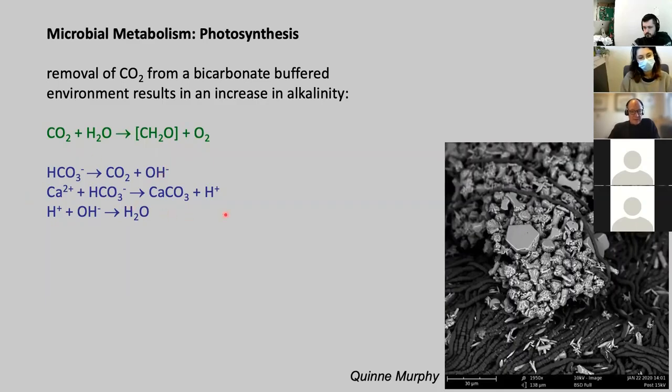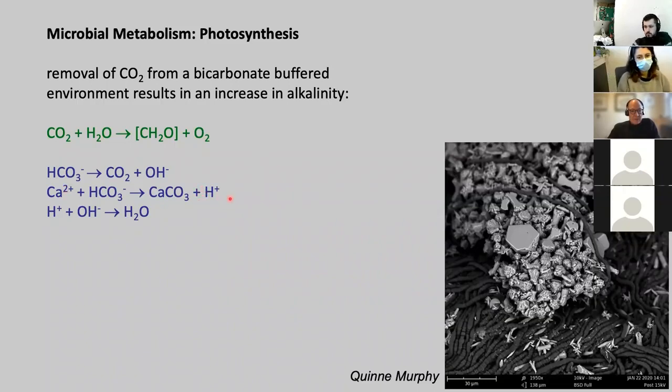So the blue reactions are chemical reactions that are actually pulled by the biogenic reaction. So you make OH minus, which means that if you have calcium and bicarbonate in this system, you can make calcium carbonate, which would make a proton. And you know that if you put acid on calcium carbonate, on limestone, you go in the opposite direction.